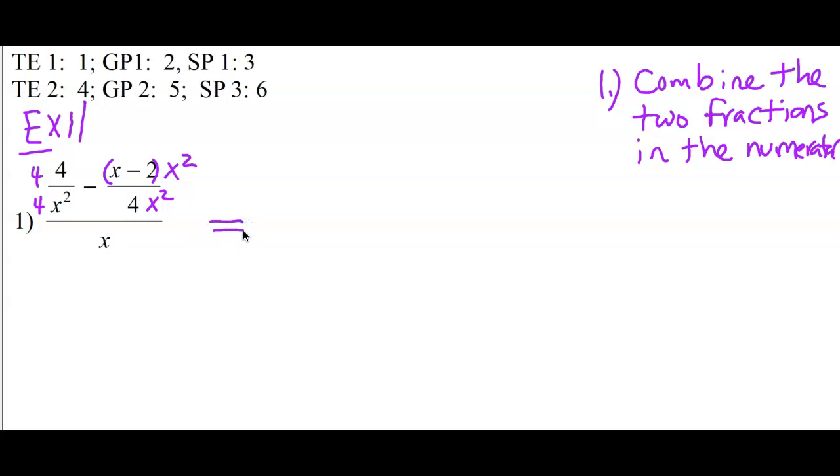So we have, what's the first fraction going to be now? 16 over 4x squared. Good. And then minus x squared parentheses x minus 2. I think we can actually go ahead and put them together. Let's distribute. x to the third minus 2x squared. Cool. All right. So there's that.